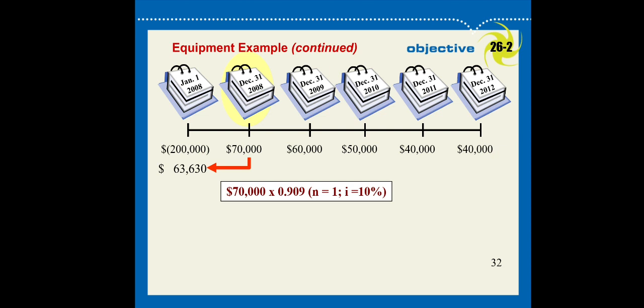How to get the 0.909? To get that number, you have to refer to the present value table, or you can also use a scientific calculator if you want. When you refer to the present value table, you have to refer to the correct table.